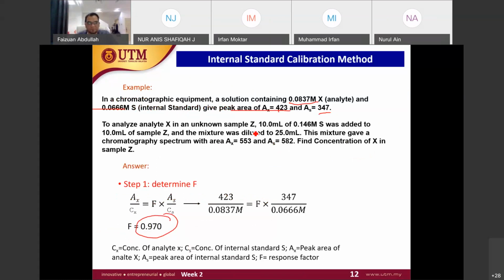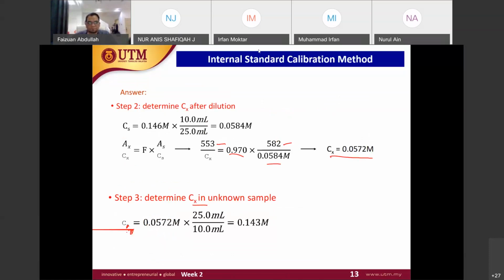And from the previous information, it gives us the amount of analyte X. To analyze X in an unknown sample Z, 10 mL of standard S, we know the volume and the concentration, was added to 10 mL of sample, and the mixture was diluted to 25 mL.